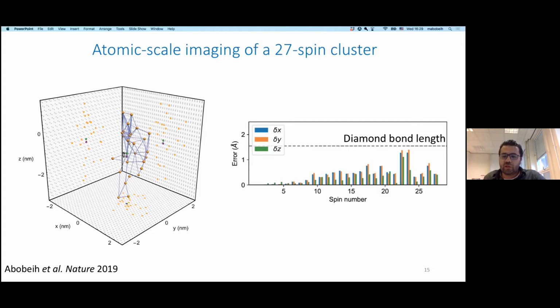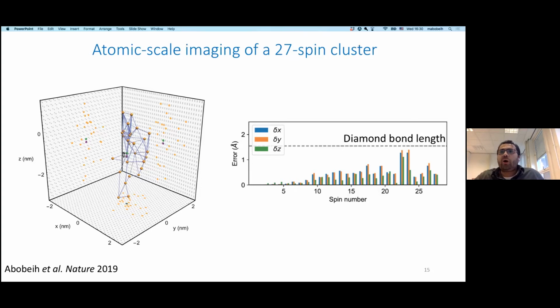For example, I mentioned this machine learning paper that we developed in collaboration with a group in South Korea, where we can automatically characterize the coupling between the NV and these carbon-13 spins. That works quite well and quickly. I would need a few hours to record a spectrum, and then use this machine learning technique to know roughly how each of these nuclear spins couples to the NV. That can take maybe a day or so.